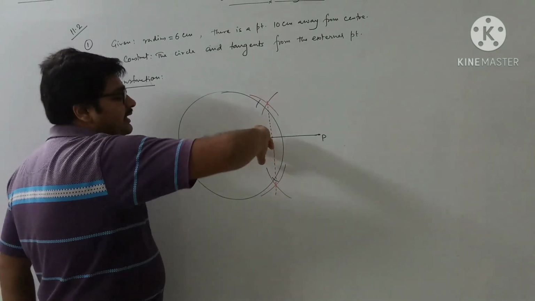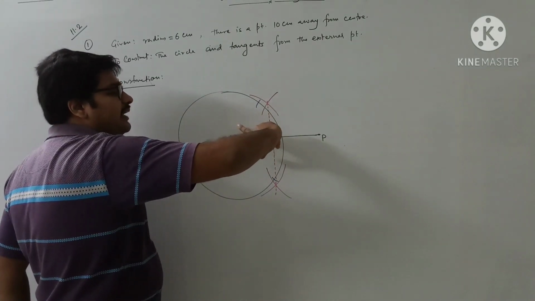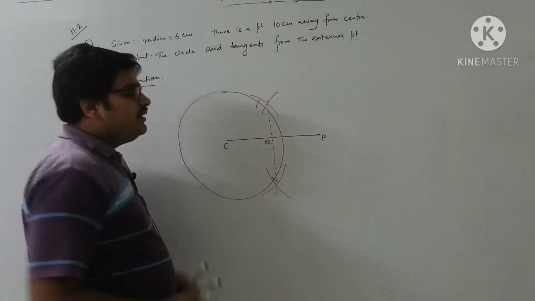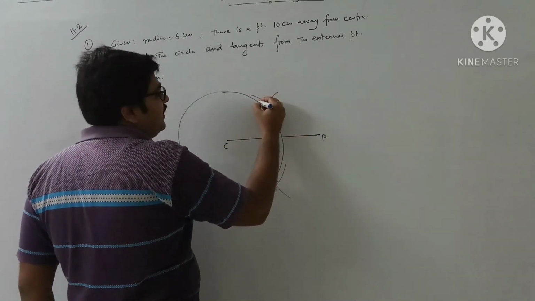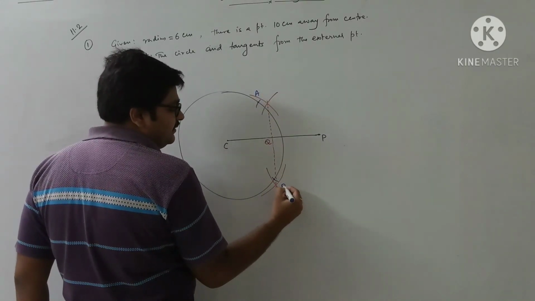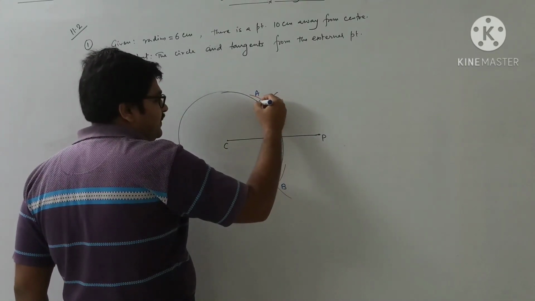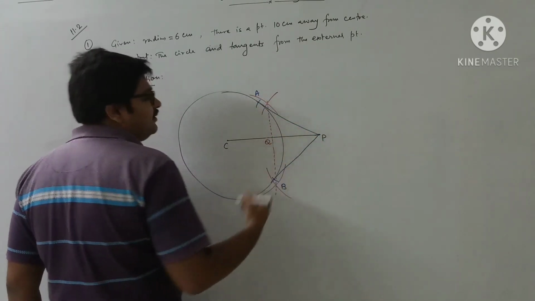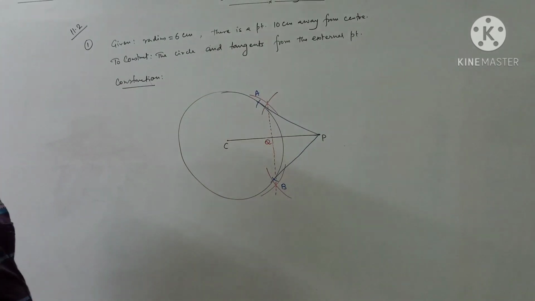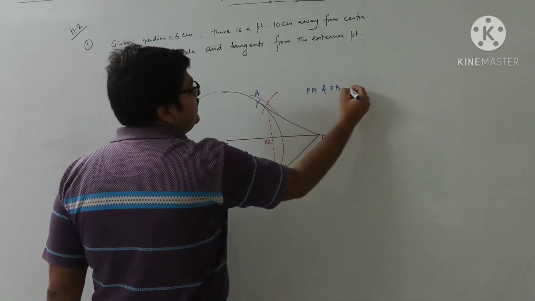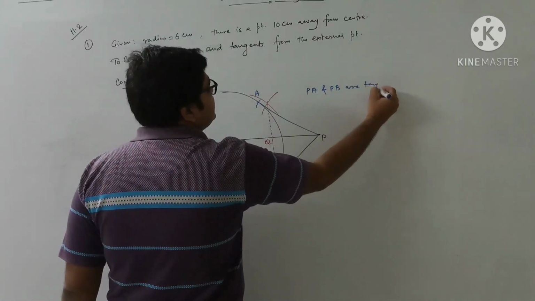Keeping here, taking up to this distance, putting it at Q only, we will cut off here and here. Now this point is given the name A, and this point I have given the name B. Now join PA and PB to get the tangents. So you can write here PA and PB are tangents.